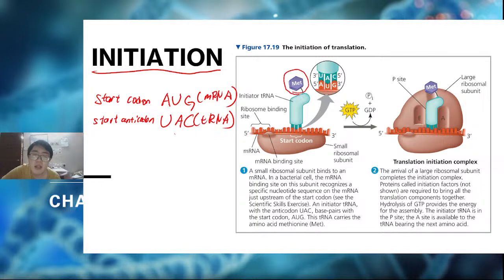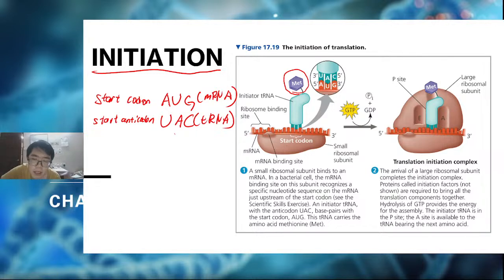It will carry methionine. So the mRNA, firstly, it will bind to the small unit first through the mRNA binding site. After it binds, and then it will copy. Yes, it will move until it reaches a stop codon at the ribosome.